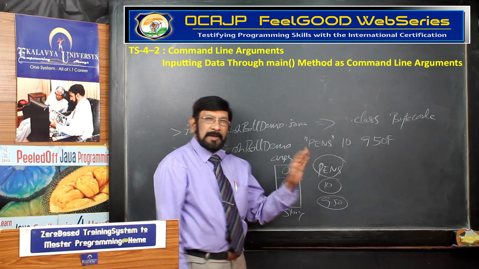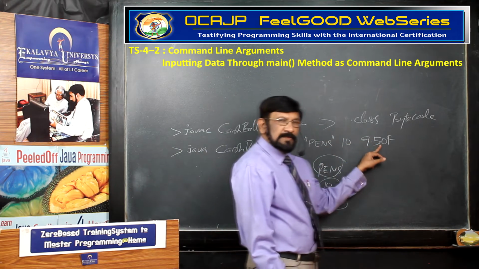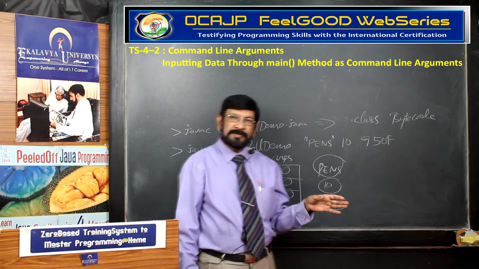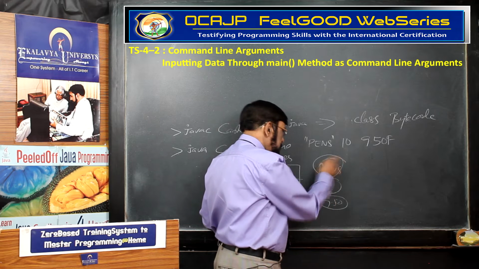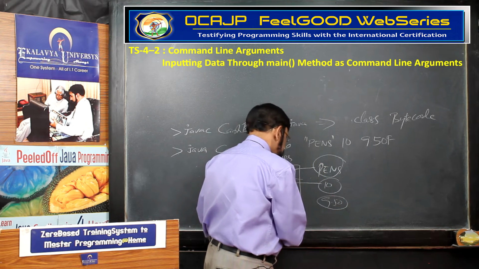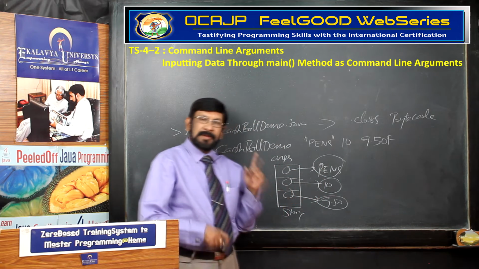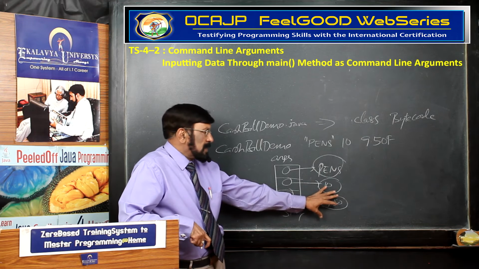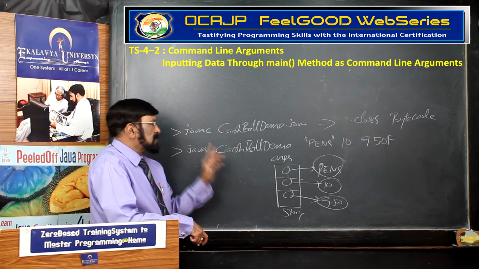Actually, regardless of the type, this is a string, this is an integer, this is a float. Regardless of its type, all these are converted as strings. All these are strings. Now, all these strings are objects. String class means these are objects. That's why this is an array of strings.